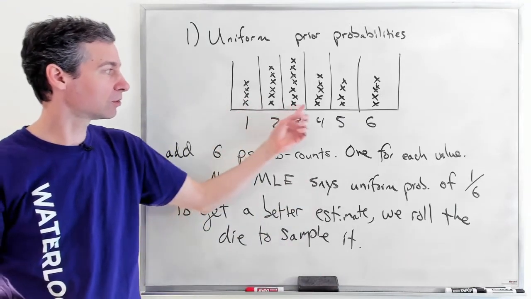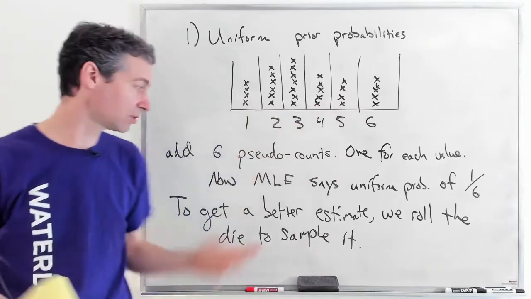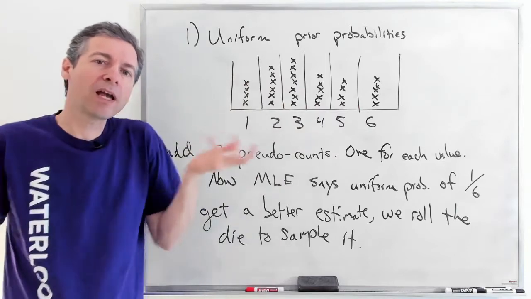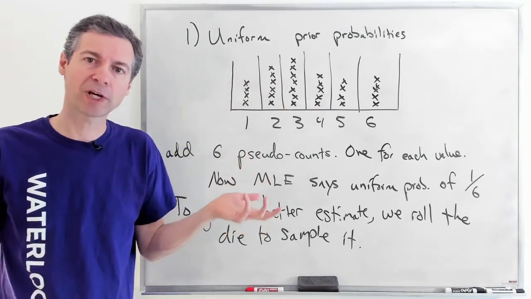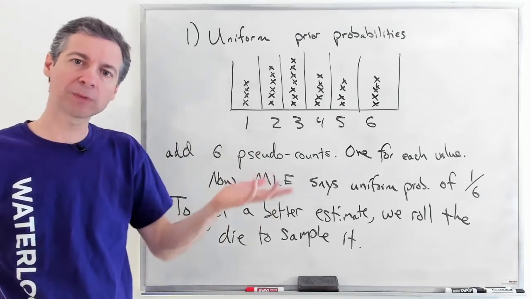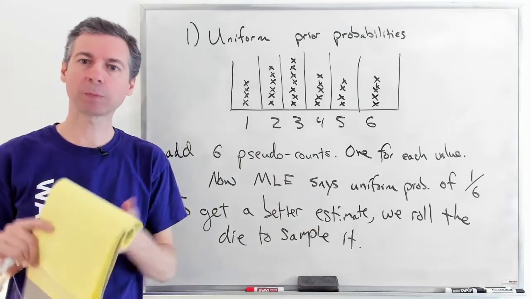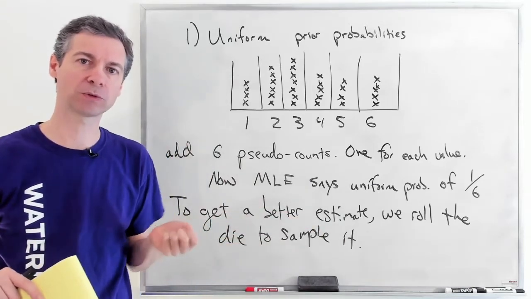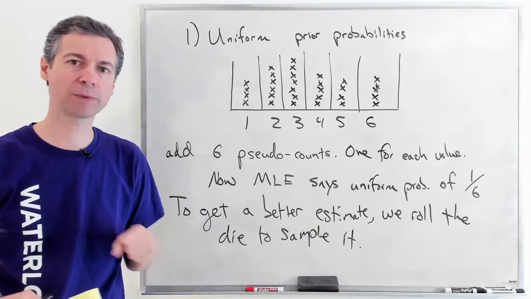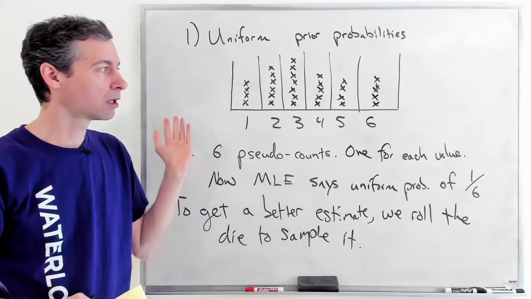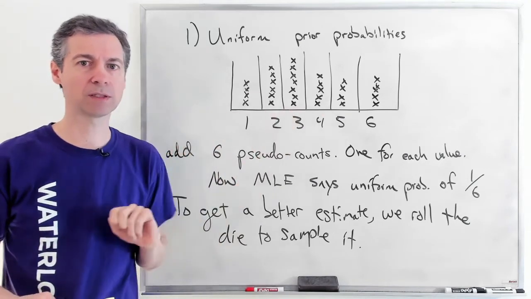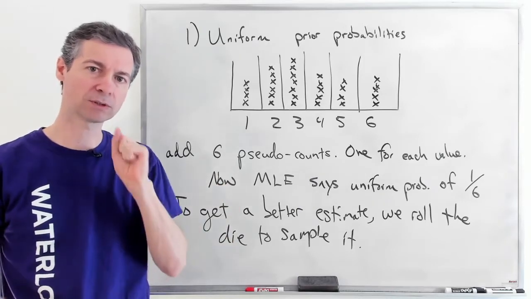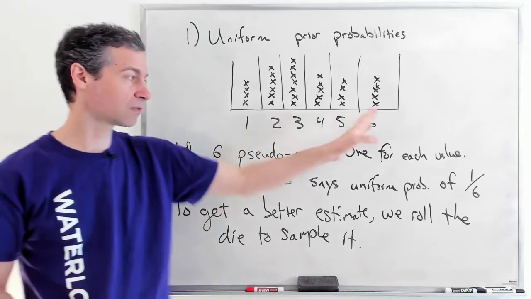These initial 6 pseudo counts, these pseudo rolls, if I do this enough, will become a tiny infinitesimal portion of my estimate. My prior belief, which was uniform, will be replaced by an estimate that's very close to the actual truth. But throughout the entire process, as I do more and more rolls, I've always had a model that has some probability for every single item in the vocabulary, the 6 values here.